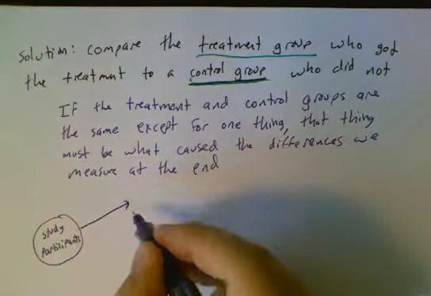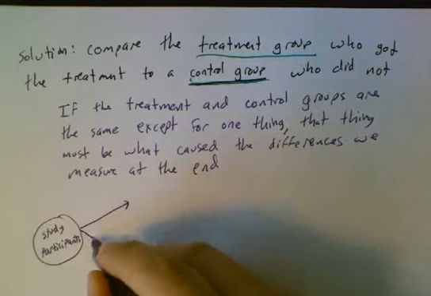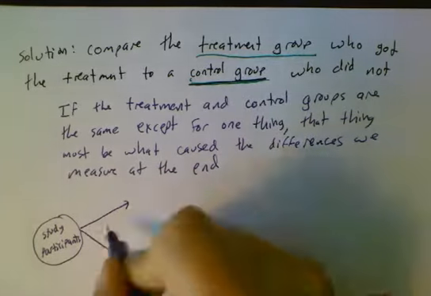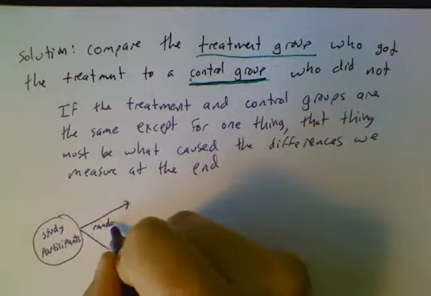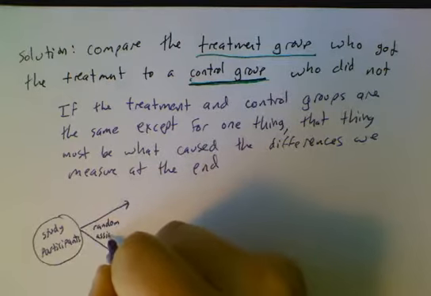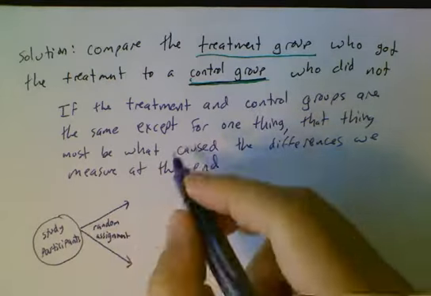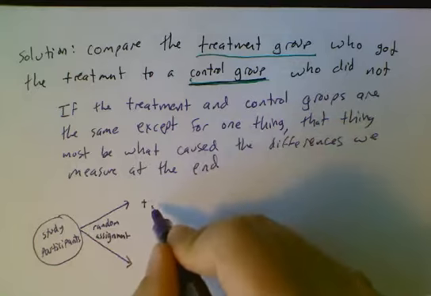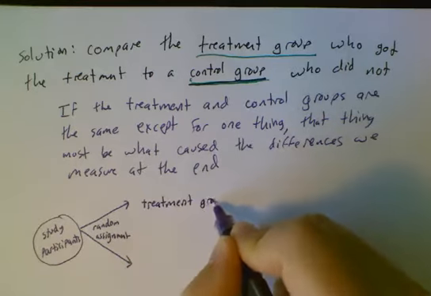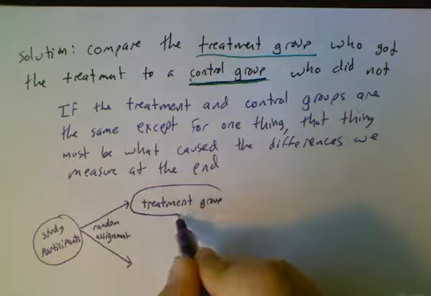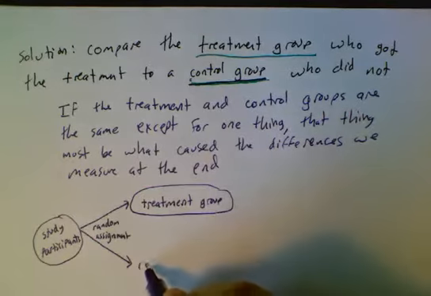And then you're going to divide them into two groups. These would be randomly chosen. We'll talk about that in a second. And one group is the treatment group, and one group is the control group.